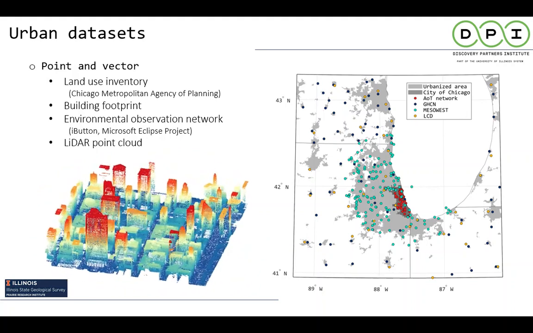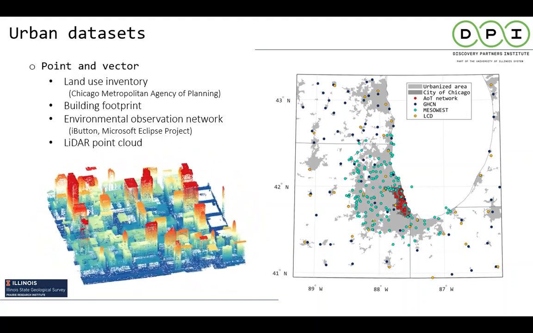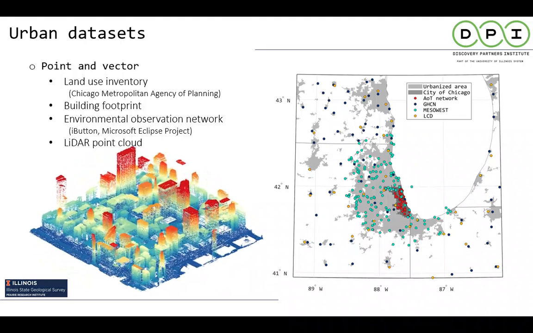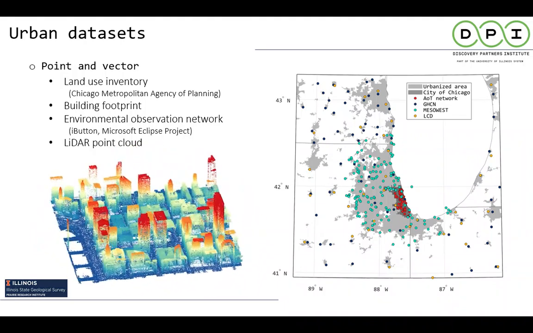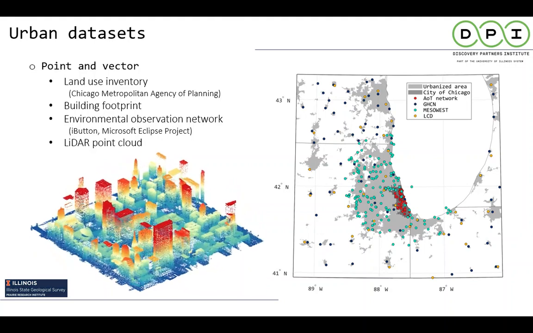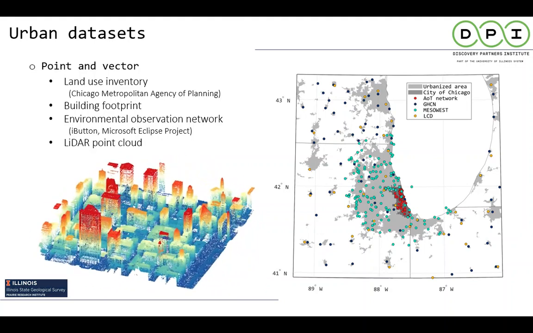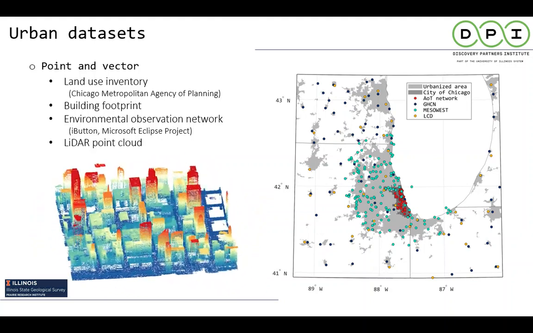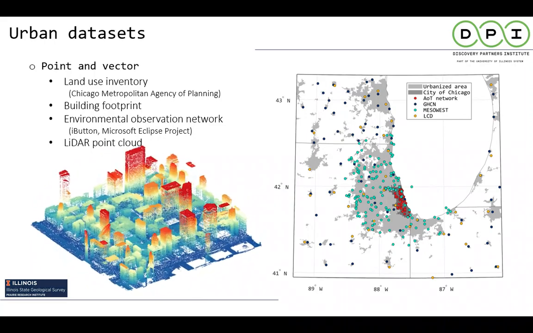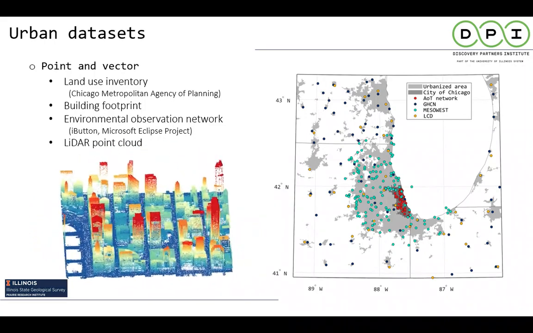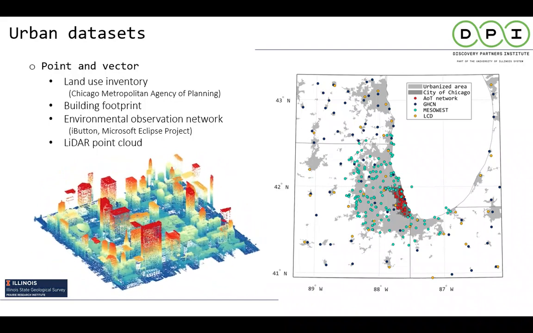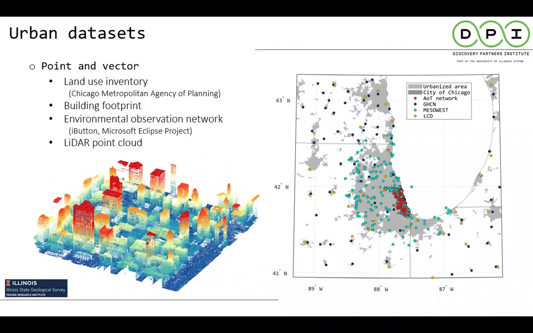And we have an environmental observation network sparsely distributed in the urbanized area. The figure here shows the city of Chicago and its surrounding urban area. That's Lake Michigan. And in the end, we have the LiDAR point cloud data, which gives you the exact measurement of the location it returns.